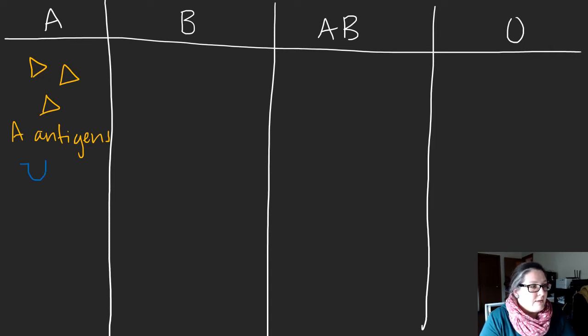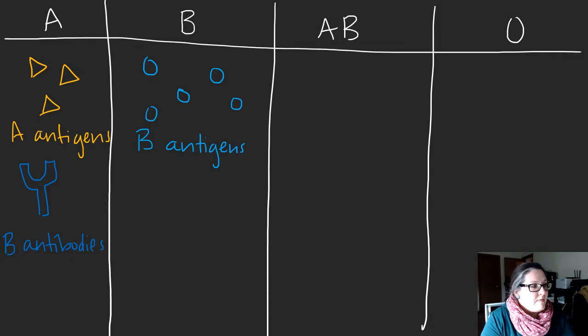I'm going to do the B antigens round. So they make B antibodies that actually attack the B antigens. That's why we can't give B blood to A patients or vice versa.